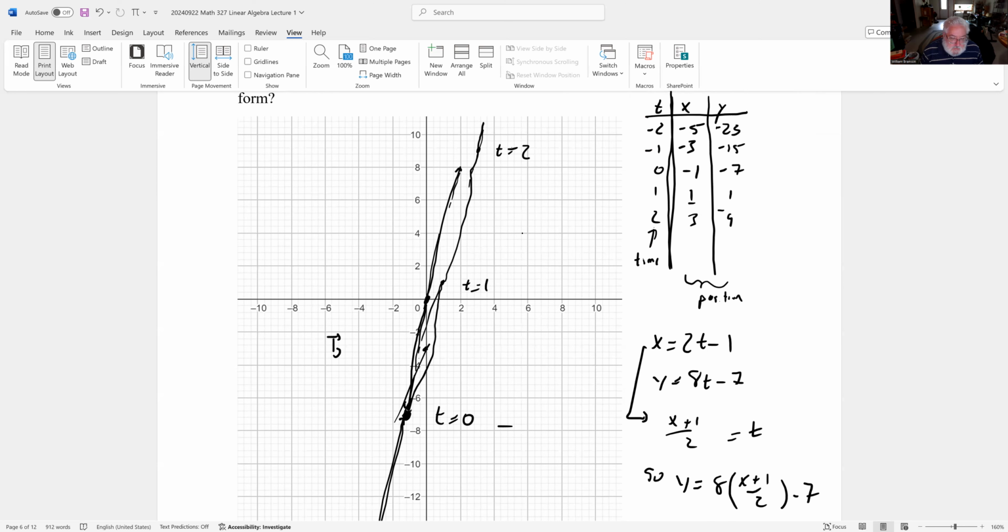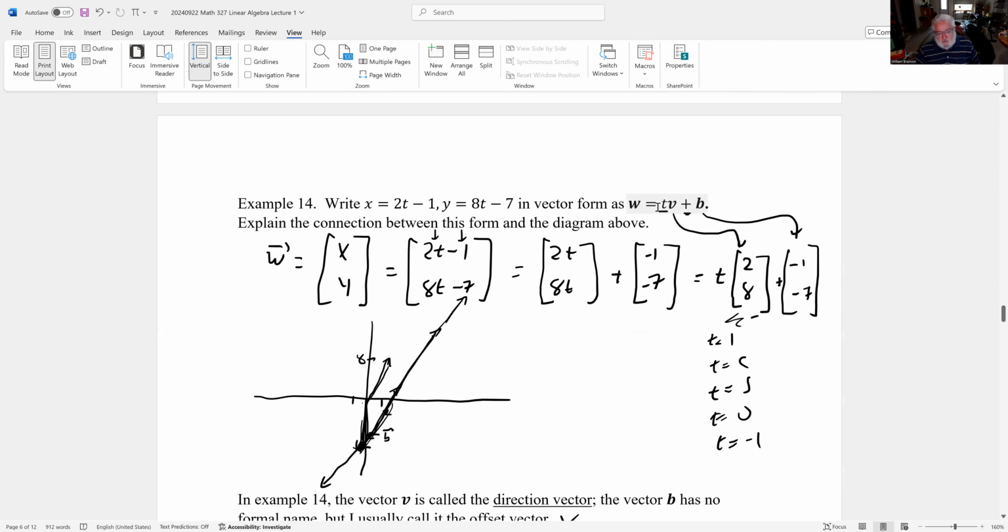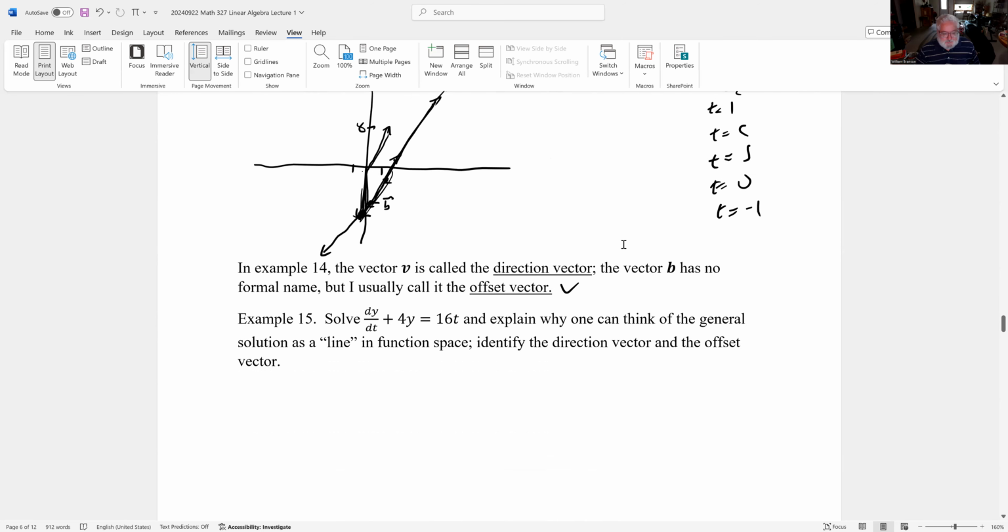So at t equals 0, we're at the offset vector. T equals 1, we go down to the offset vector and up 1 unit in the direction of the direction vector. T equals 2, down 1 unit, and then up 2, etc., etc. So we can write lines in this form. This is your direction vector. This is what's called the offset vector.